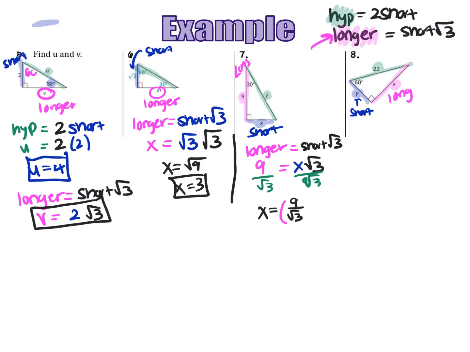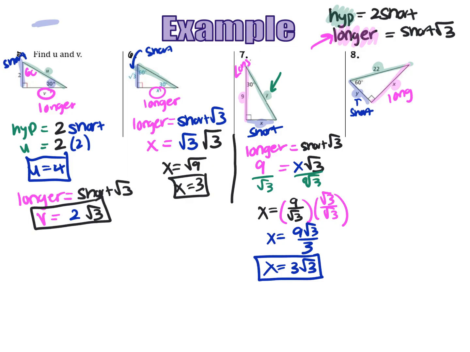But we know we can't leave it like that. We need to multiply by root 3 over root 3 to rationalize our denominator. That's going to give us x is equal to 9 root 3 over 3, which means that x is equal to 3 root 3.